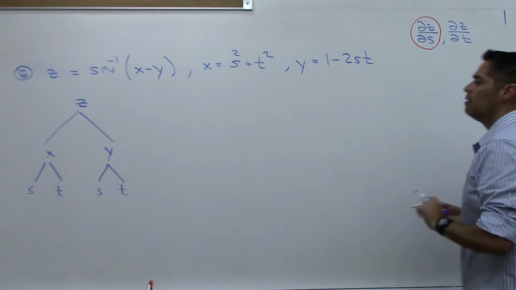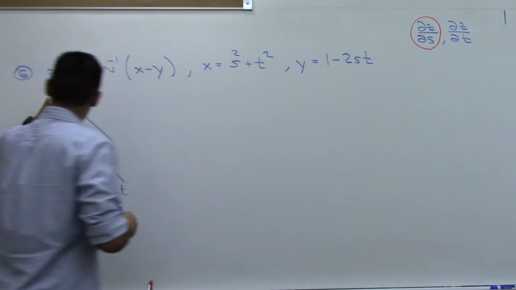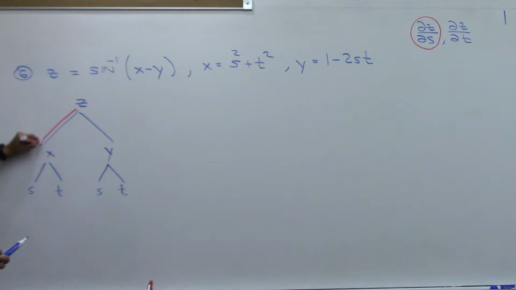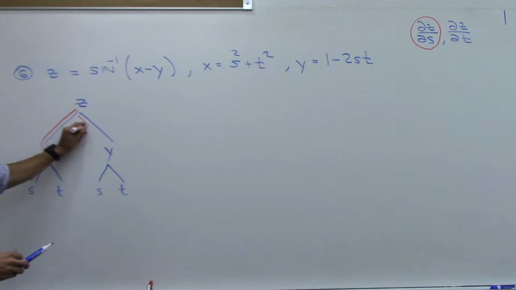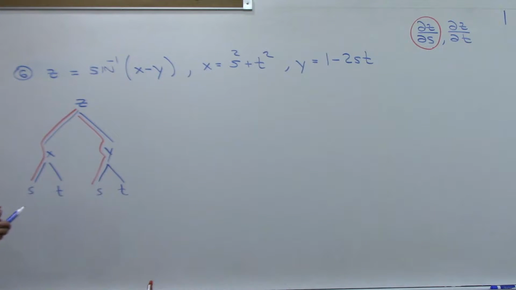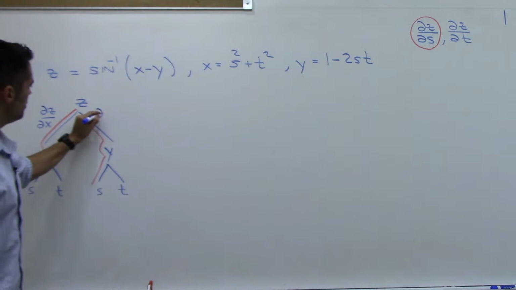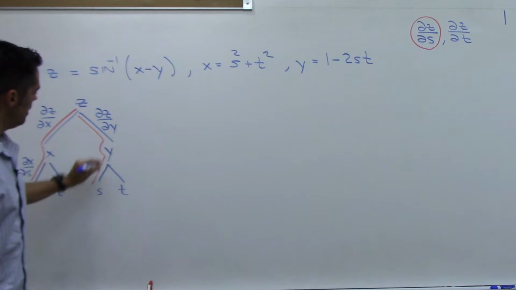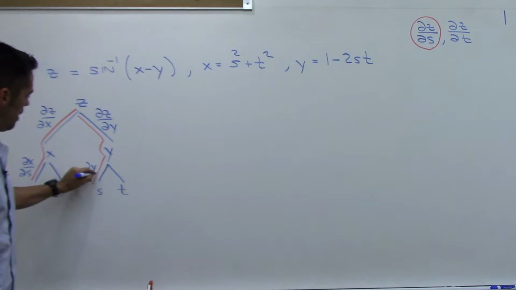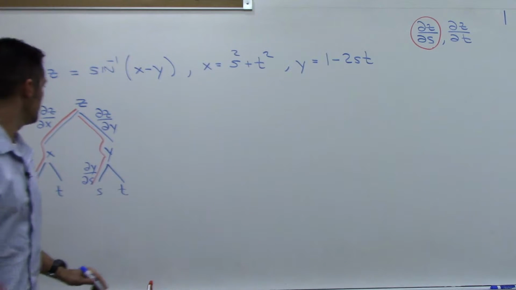We'll do that one, which means I'm going to go down this branch, and then down here, and then this one down here like that. So down this right here is partial z with respect to x, and then down this branch, because it splits, partial x with respect to s. Then over here, partial z with respect to y, then down this branch, partial y with respect to s.